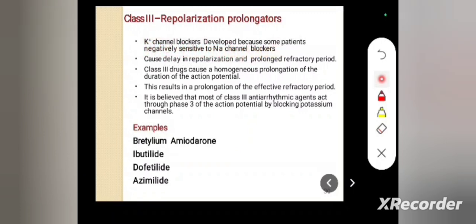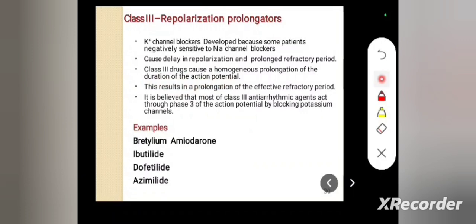That's why potassium channel blockers are developed, and they cause a delay in the repolarization and prolong the refractory periods. So class third drugs cause homogeneous prolongation of the duration of the action potential. So this is the main action of potassium channel blockers.